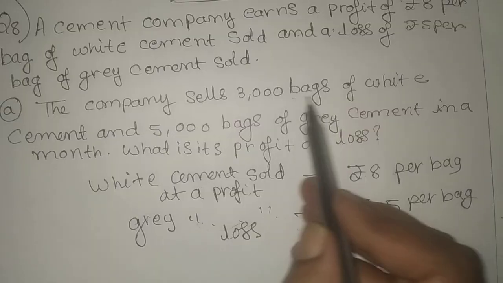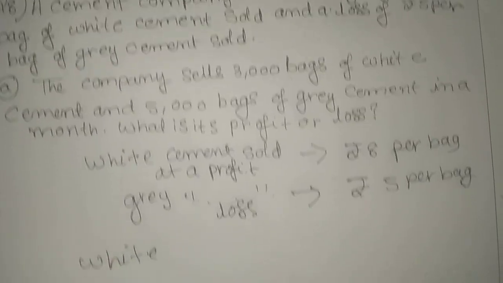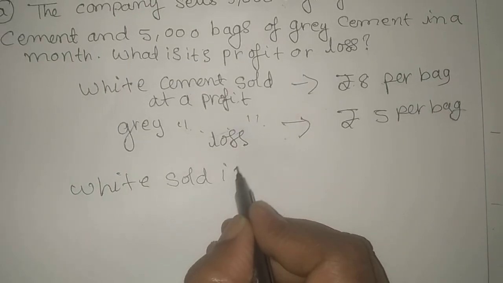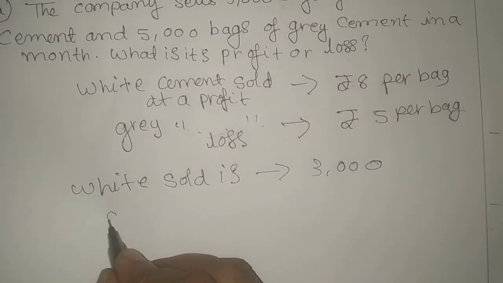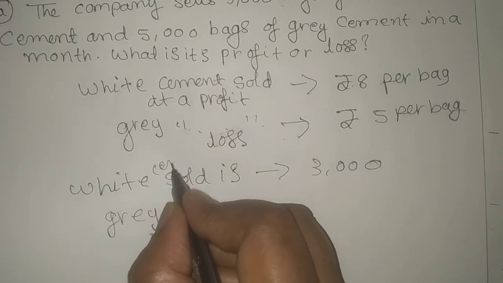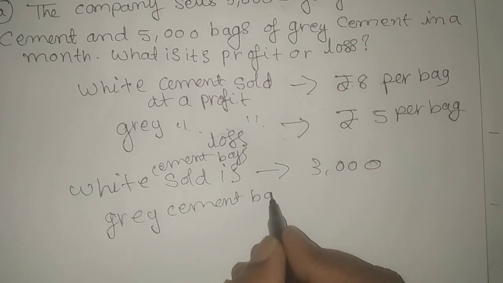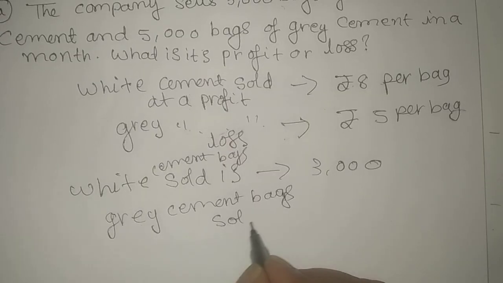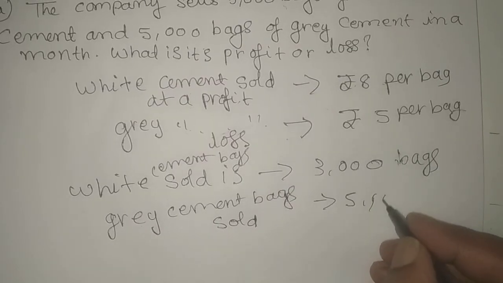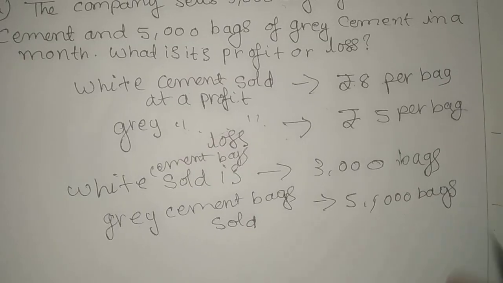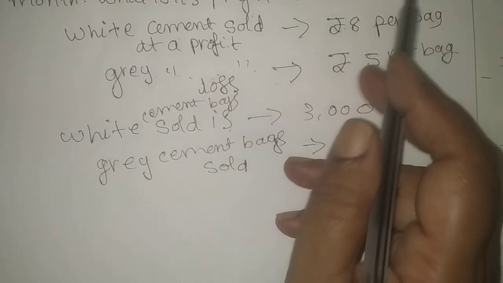So what is the question? The company sells 3000 bags of white cement and 5000 bags of grey cement in a month.